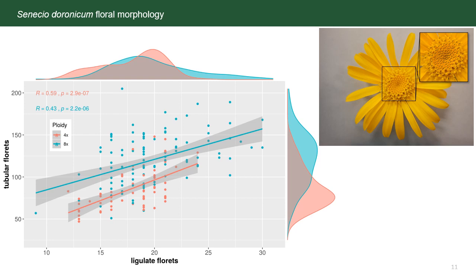This means that the octoploids were able to fit more florets inside the same number of ligulate florets on the outside, and this is a characteristic of the Asteraceae inflorescence that is known for its modularity in development and architecture. That is also thought to be one of their main characteristics for their evolutionary success and why there are so many species of Asteraceae.